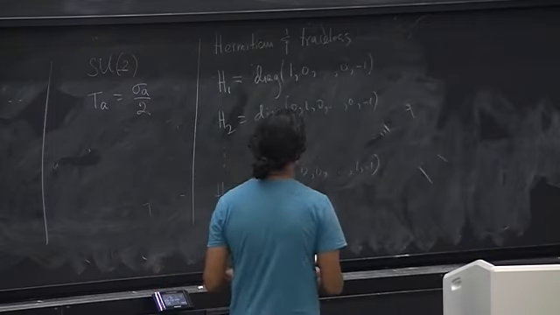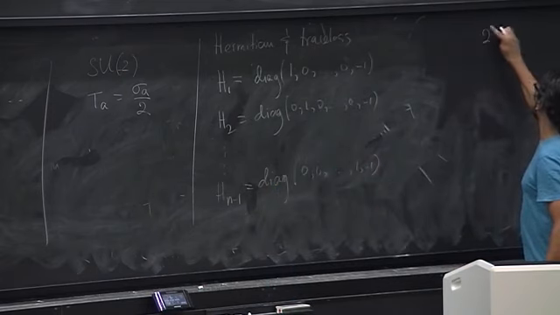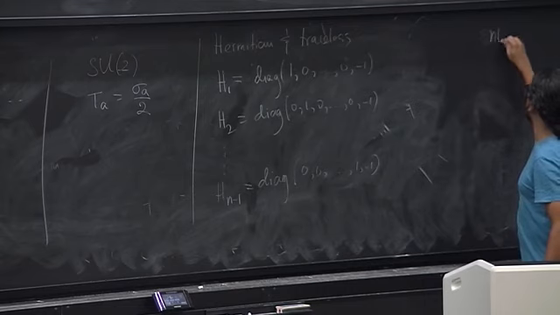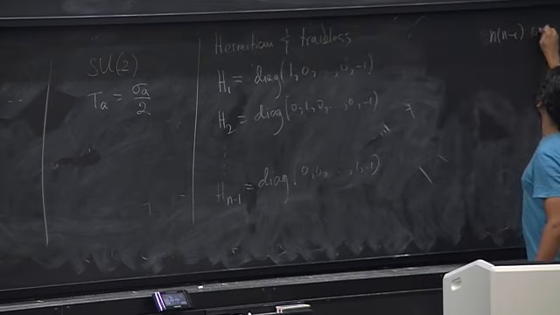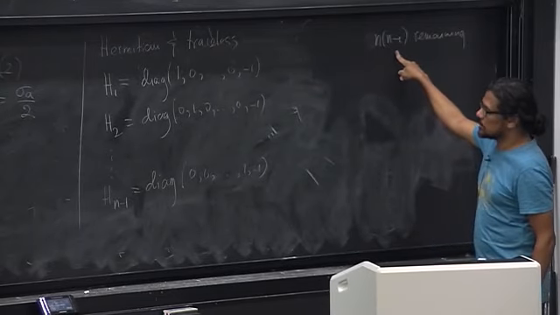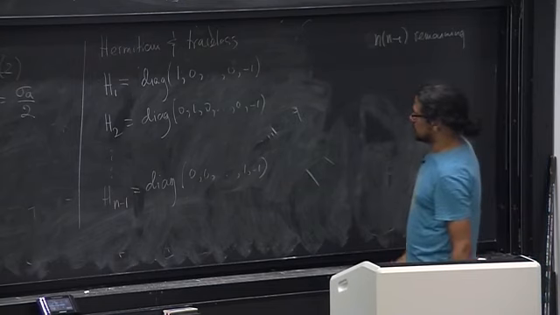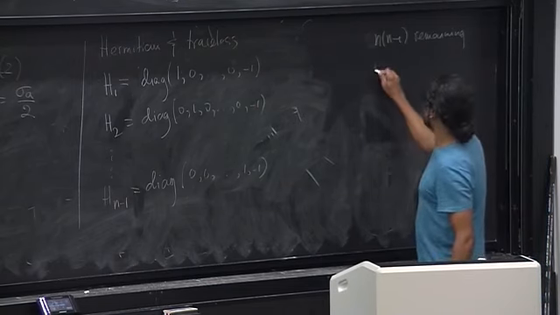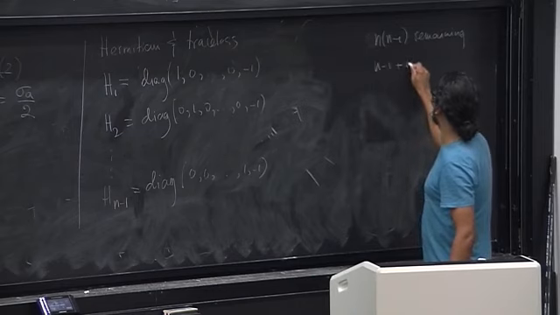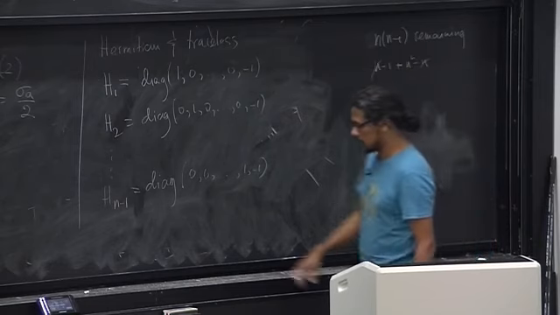The rest of the matrices, there are n squared minus 1 minus n... Is it n squared minus 1 minus n? So here we have n minus 1 plus n squared minus n. Yeah, okay, good, so it adds up.